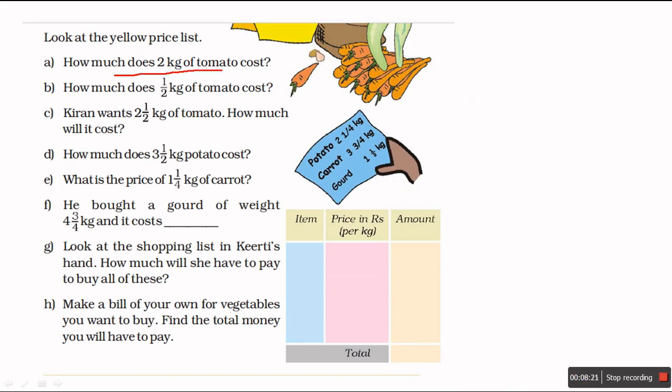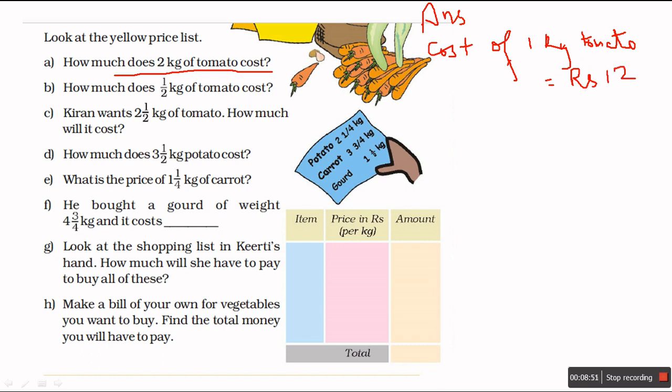How much does 2 kg tomato cost? The answer will be: cost of 1 kg tomato is equal to rupees 12. Then what will be the cost of 2 kg tomato? Quantity is increasing, so price will increase.